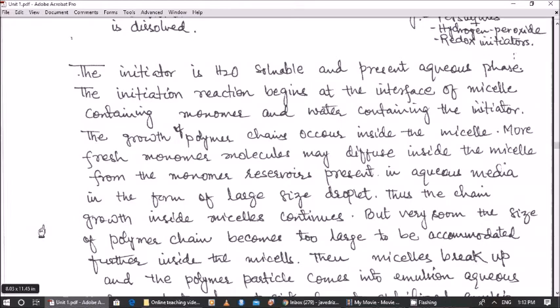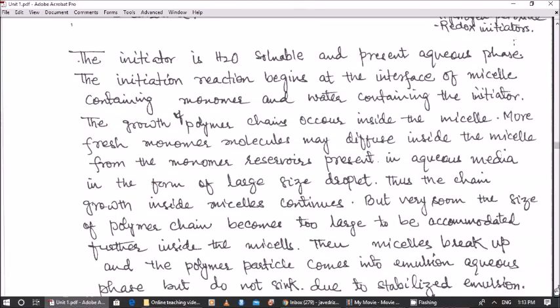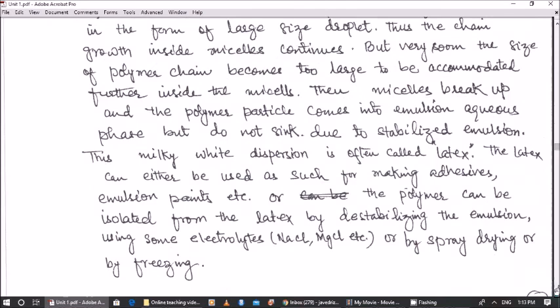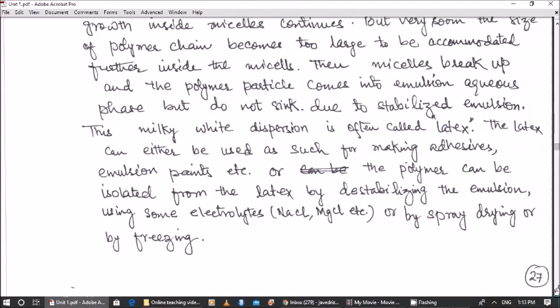In this condition, micelles break up and the polymer particles come into the aqueous emulsion phase but do not sink due to the stabilized emulsion. This milky white dispersion is often called latex.